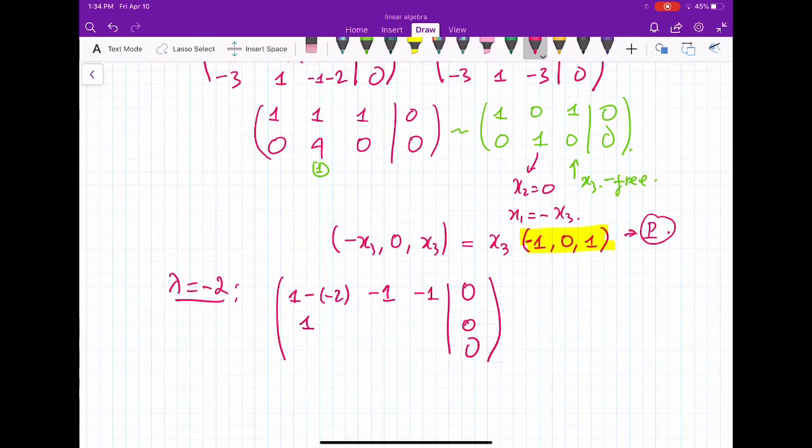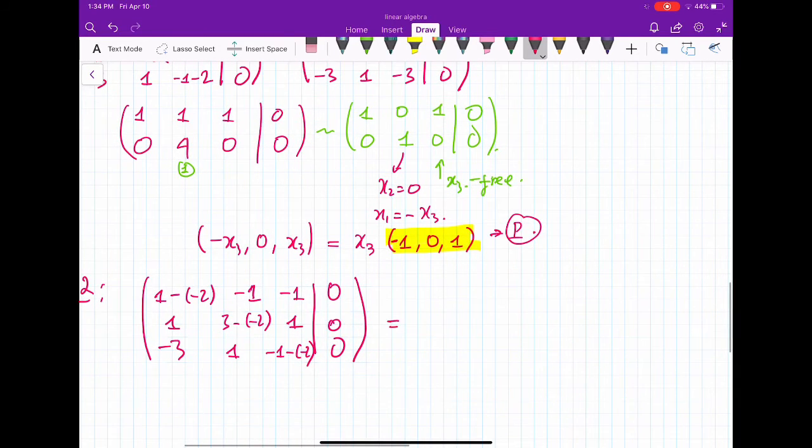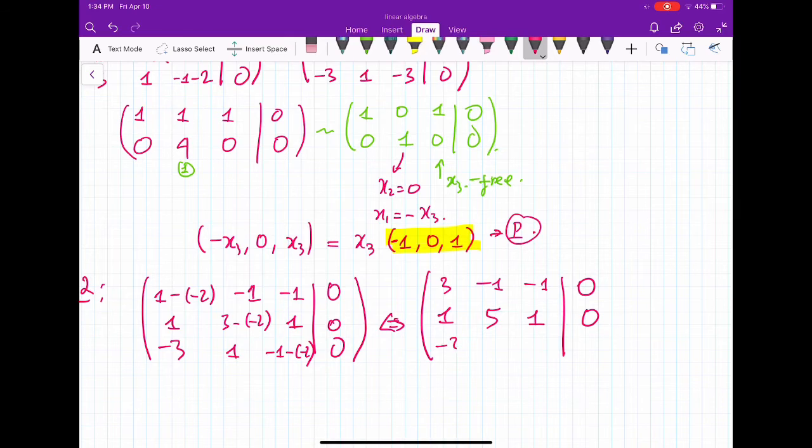Next, 1, 3 minus -2, and 1, -3, 1, -1 minus -2. Minus -2 is 2. So we have 3, -1, -1, 0, 1, 5, 1, 0, -3, 1, and I think that is 1, right?